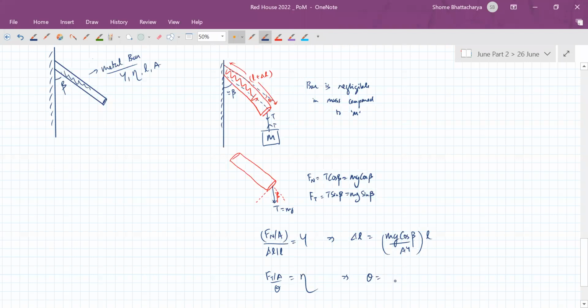So the shearing strain or the angle by which it bends, that would have become mg sin beta divided by eta into area of cross section.